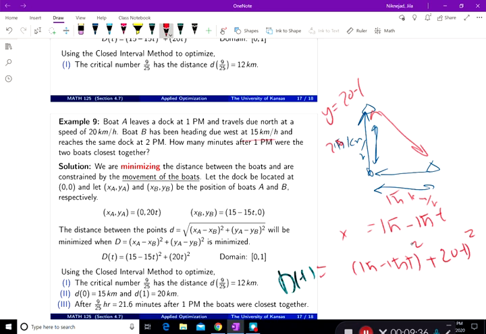Take the derivative of this, find the critical numbers, and the critical number is going to be 9 over 25.